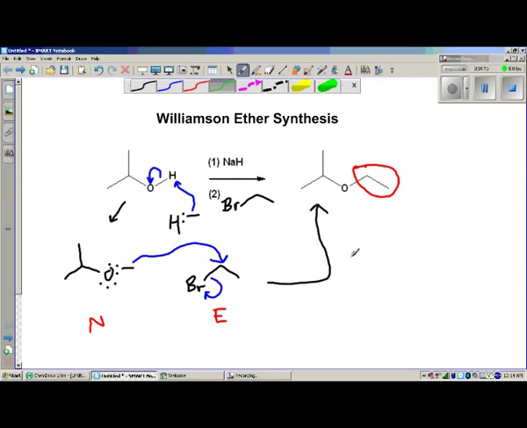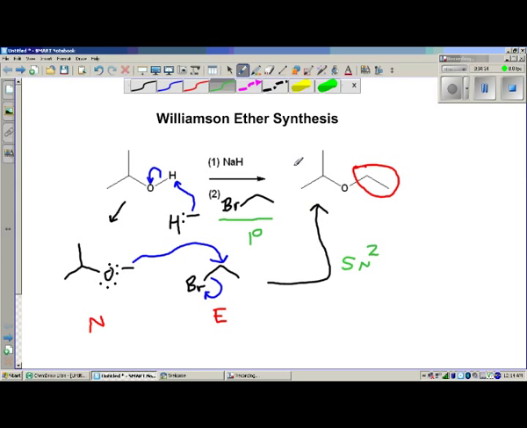Is it SN1 or is it SN2? Well, if you said SN2, you would be right. This second step in the Williamson ether synthesis is always an SN2 reaction, so you always want to make sure you have a primary alkyl halide here.